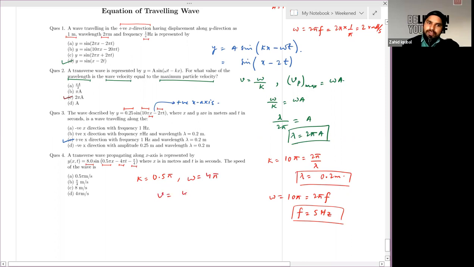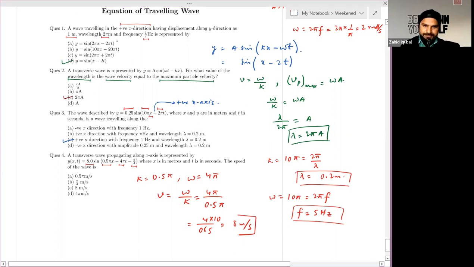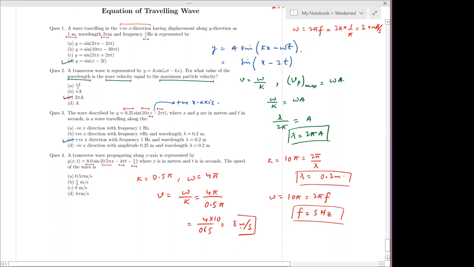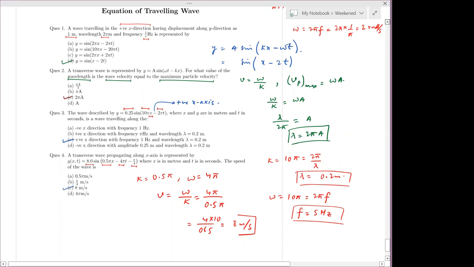According to the formula, velocity is equal to omega by k. Omega we have 4 pi and k is 0.5 pi. Pi cancels out. So you'll get 4 divided by 0.5, move the point, 40 divided by 5, it will be 8 meter per second. Good, Mamuna. Matthew, which option would be correct? B, sir. We have 8 meter per second. Oh yeah, so C, sorry. Okay, you may write.